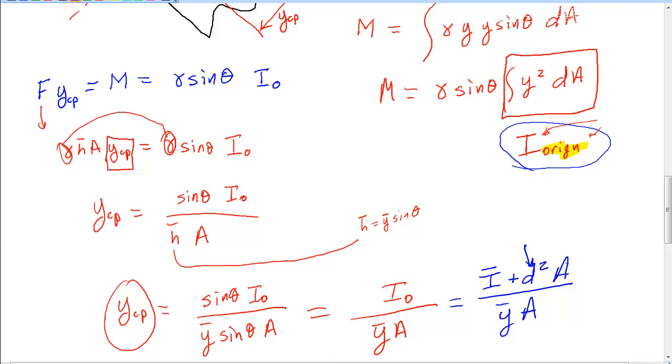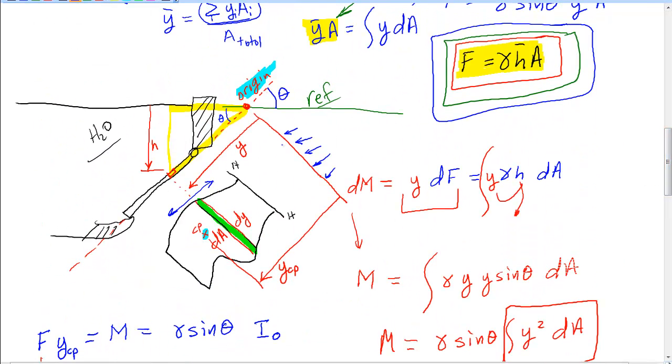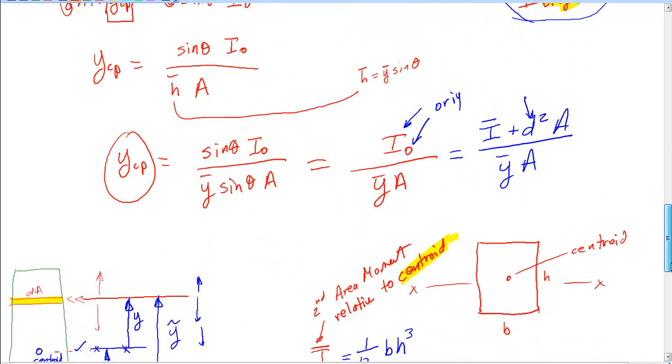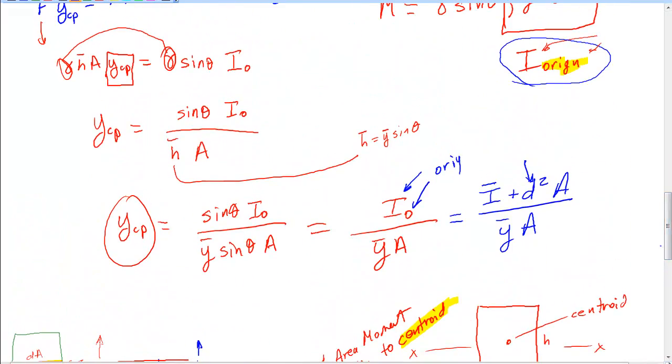Now, what is this distance? What is the distance from the location that references this, in effect the origin, to the centroid? Well, not too surprisingly, that looks nothing more than y bar squared in our case.